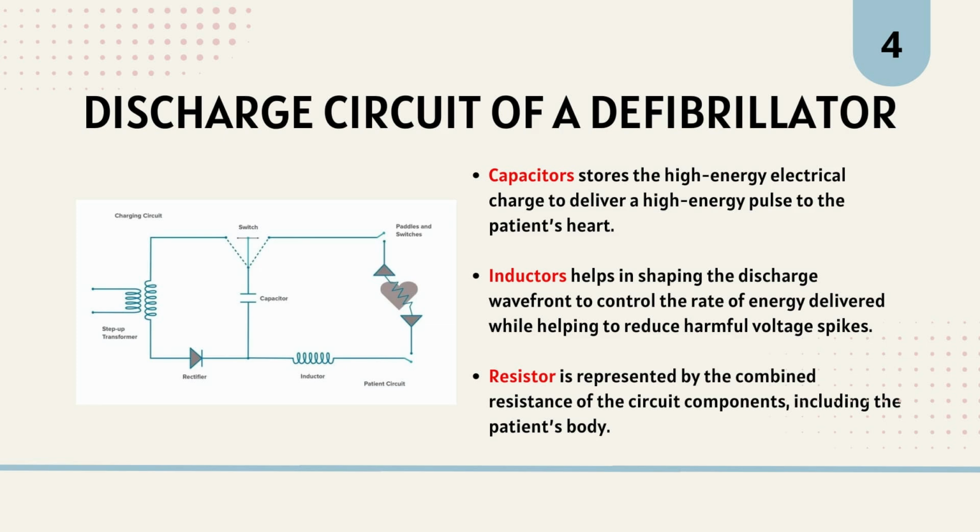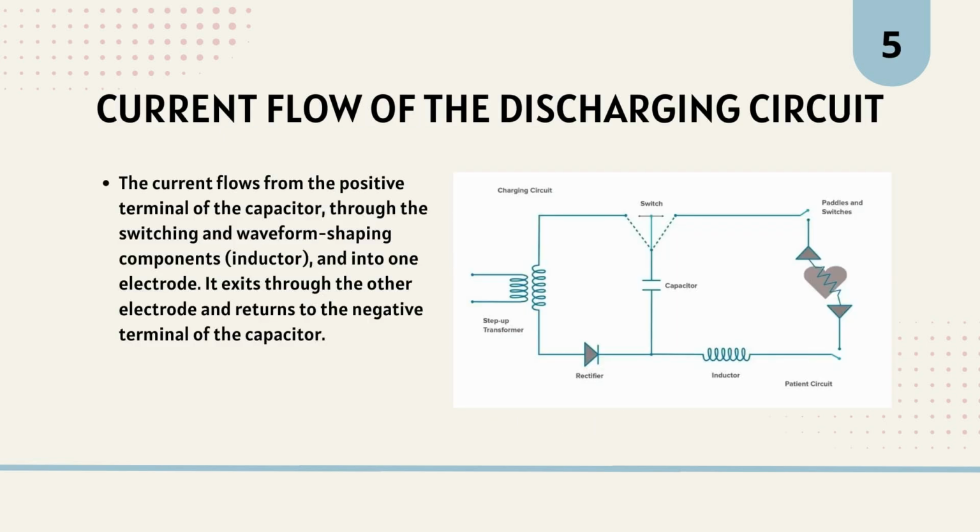Inductors in the circuit help in shaping the discharge wavefront to control the rate of energy delivered while helping to reduce harmful voltage spikes. The resistor cannot be seen in the discharging circuit. That is represented by the combined resistance of the circuit components, including the patient's body.